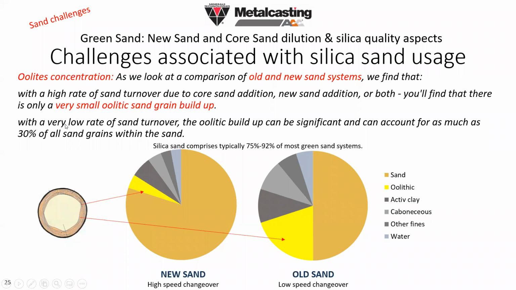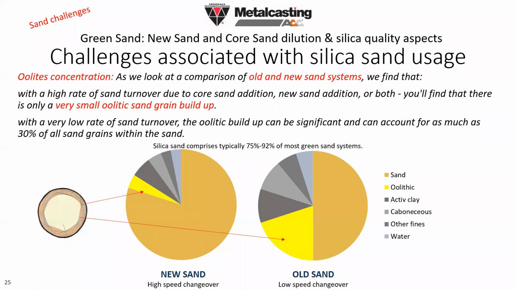In contrary, with a very low rate of sand turnover, then the oolitic buildup, because of the small addition of core and new sand, will be significant, and can account for a big part, such as 30% or even more of the total green sand composition. So that will change completely the way to drive the green sand.